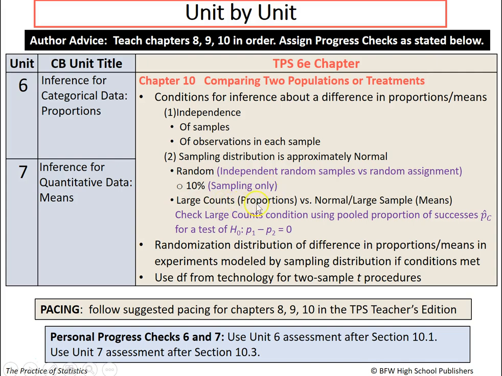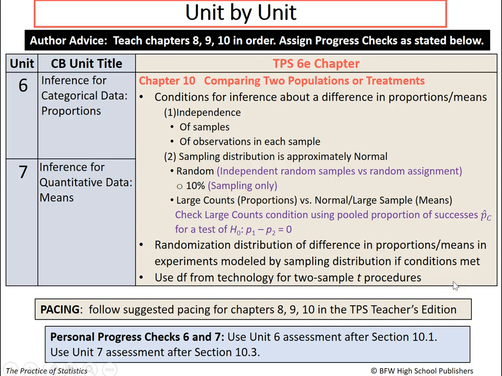And when we're checking the large counts condition for proportions and doing a test of H0: p1 minus p2 equals 0, that is, assuming that the population proportions are the same, we check the large counts condition using the combined or pooled proportion of successes, p hat combined. So you add the successes in the two samples together and divide by the total sample size, then multiply that value times the sample sizes: n times p hat combined and n times 1 minus p hat combined for each sample.